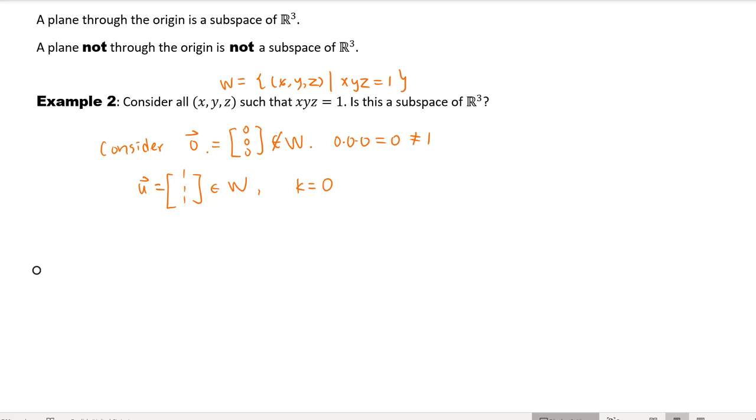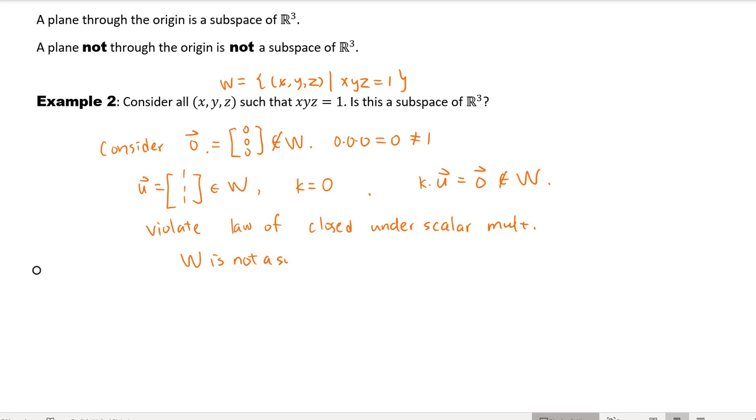This is u. Now k times u is the 0 vector, which is not in W. So we have violated the law of closure under scalar multiplication. So then we're done. So W is not a subspace of R3.